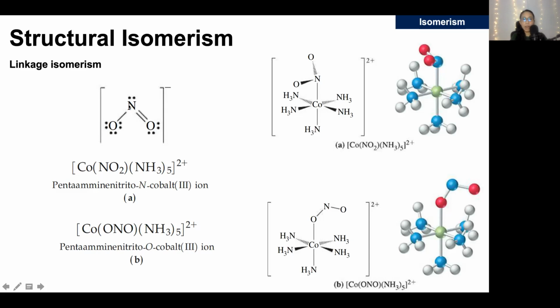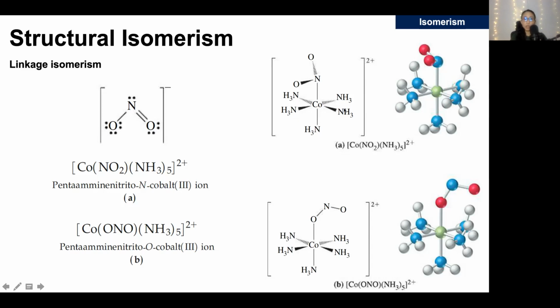Your nitrite ion can attach to a metal center via the nitrogen atom as we see here, or it can also attach via one of the oxygen atoms as we see here. So this is linkage isomerism. These two compounds are linkage isomers.